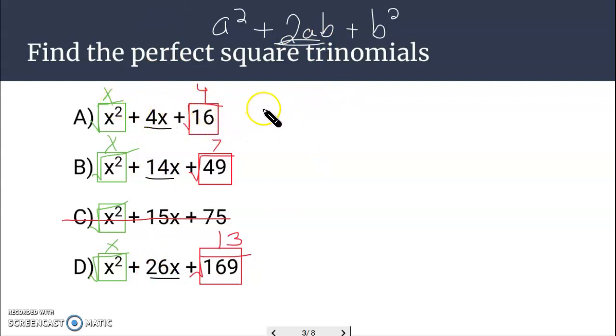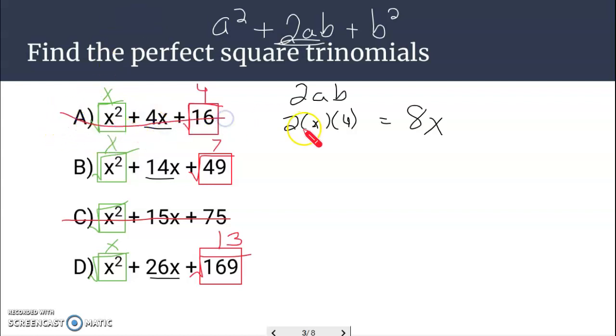Well, 2ab for each of those. On the a, it's 2 times x times 4, and notice that gives us an 8x. 8x should be the middle term. It is not. It's a 4x. So a is not a perfect square trinomial. It almost is, but not quite.